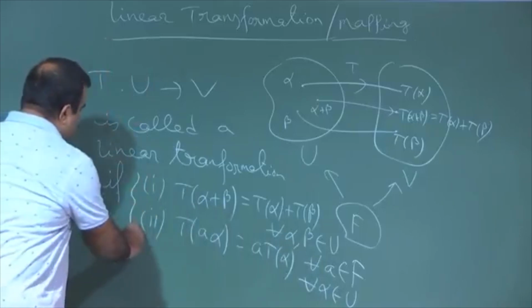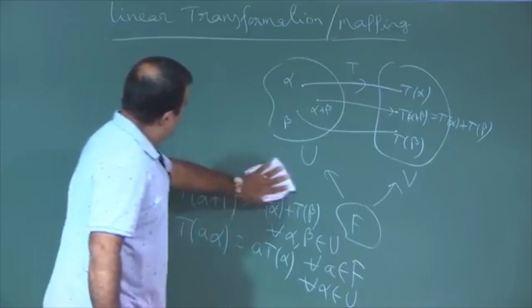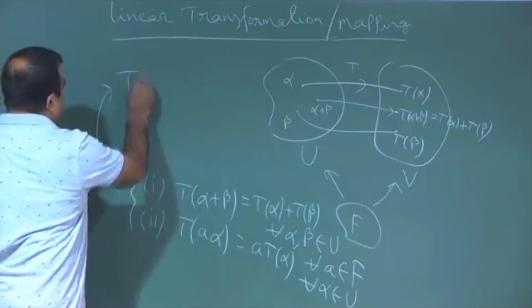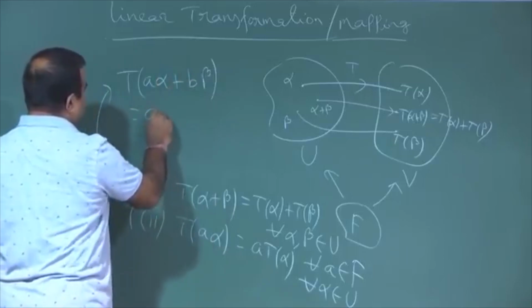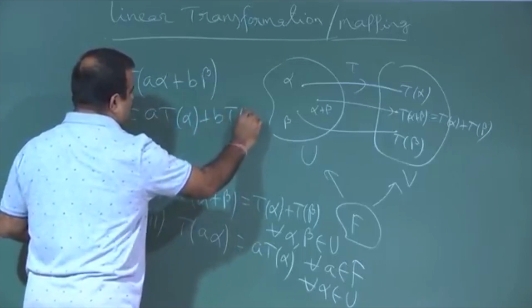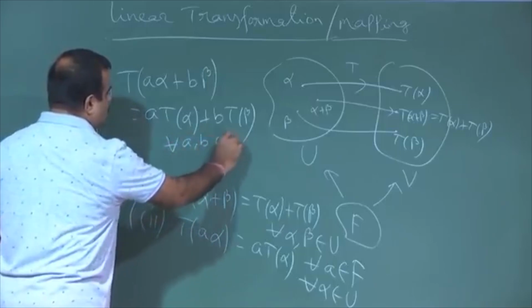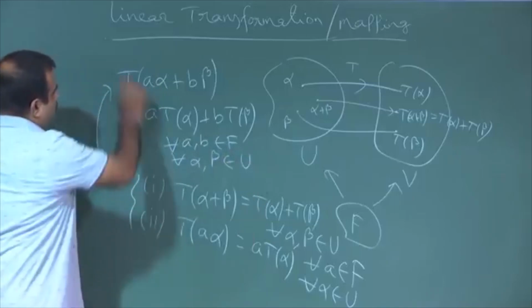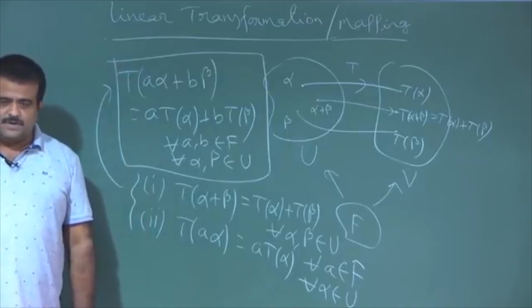Now, we can combine these two properties into a single property. Instead of these two, we can just write T of A alpha plus B beta is the same as A T alpha plus B T beta, and if it is true for all scalars A, B and for all vectors alpha, beta, then we call this mapping a linear mapping or linear transformation.